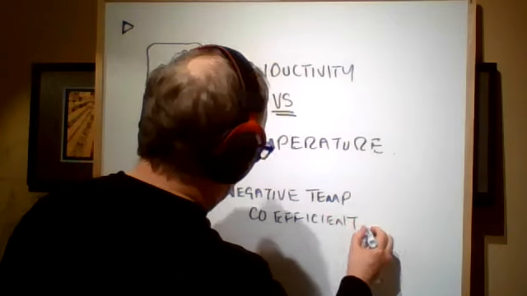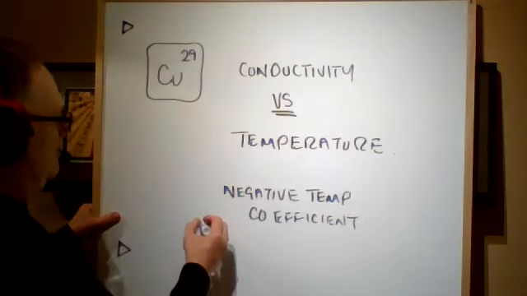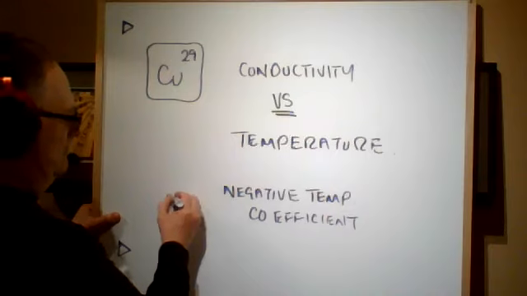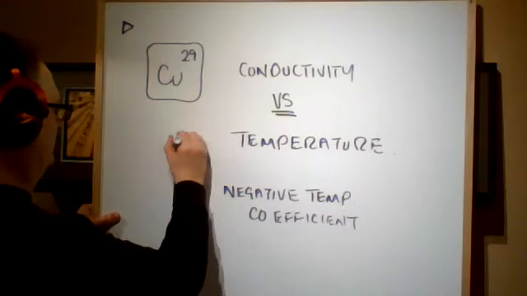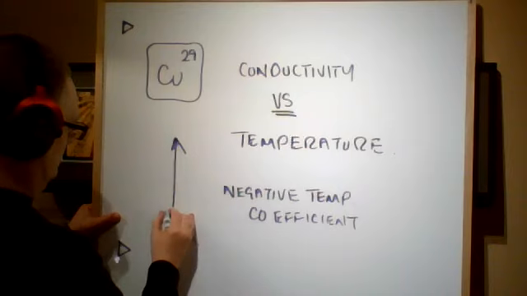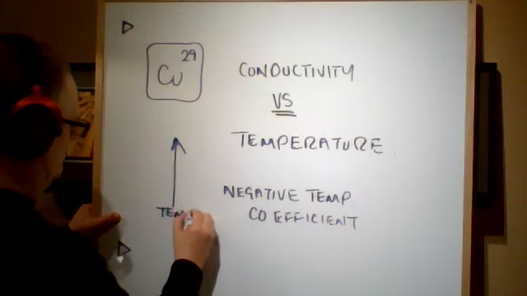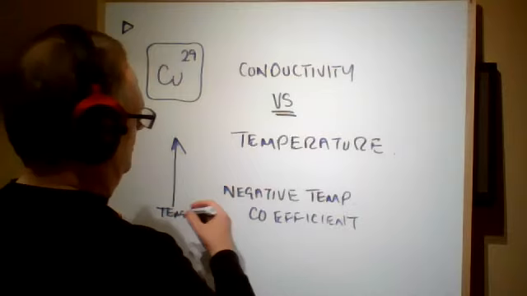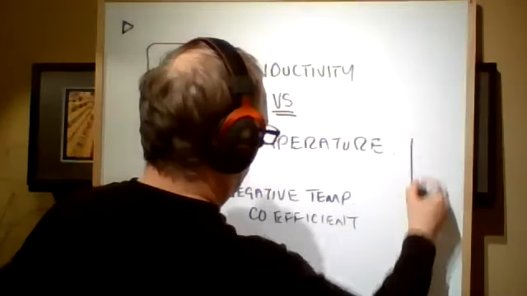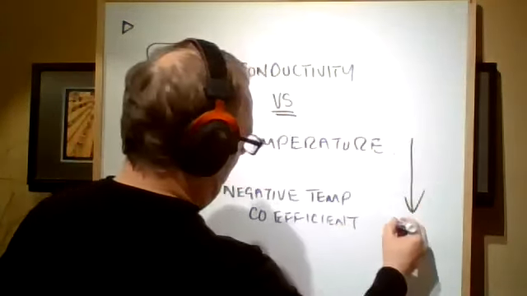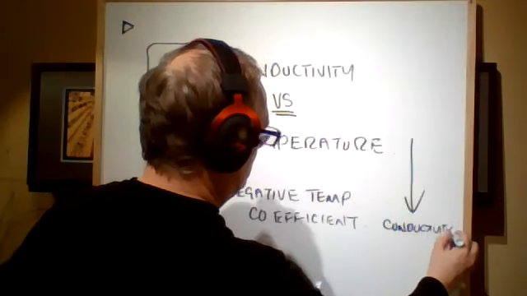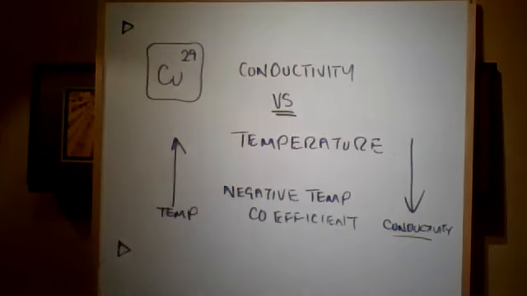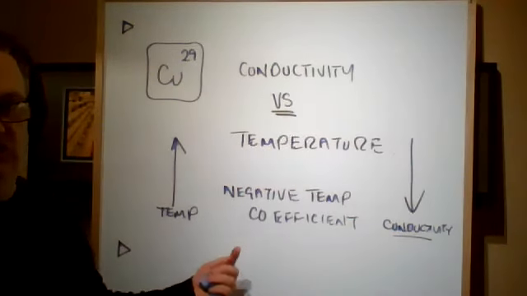And what that really means is this: as temperature rises, okay, so this will be temperature, what happens to the conductivity? Well, it actually goes down. So conductivity goes down as temperature goes up.